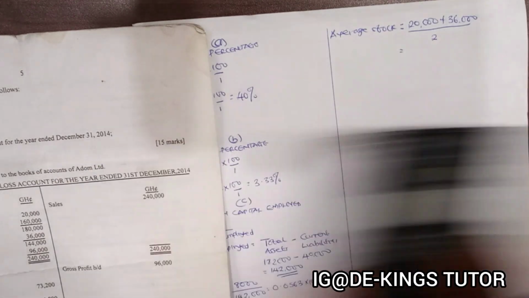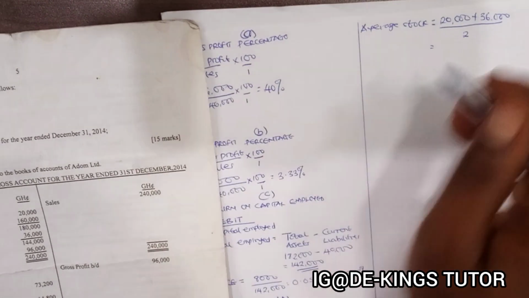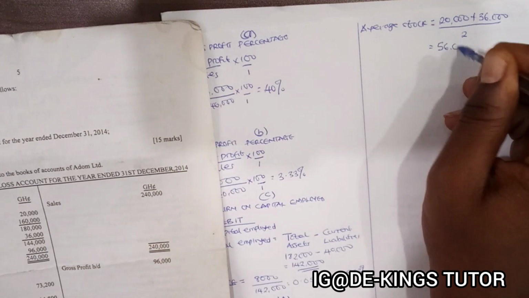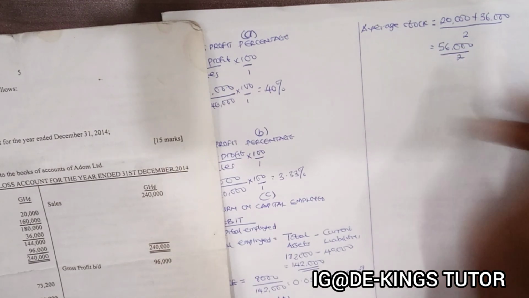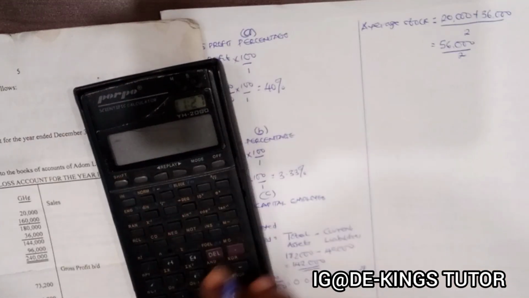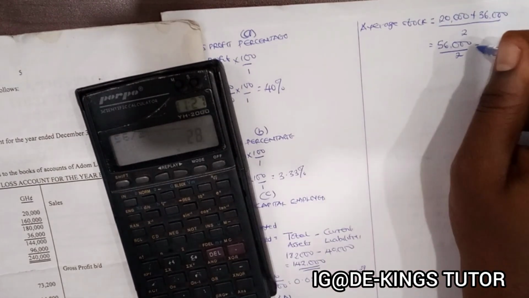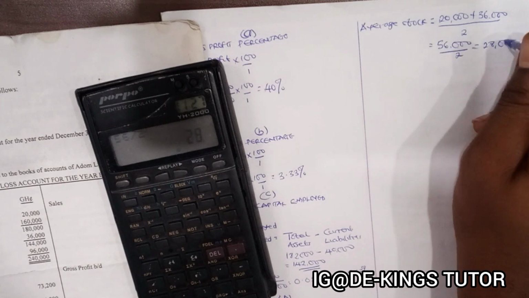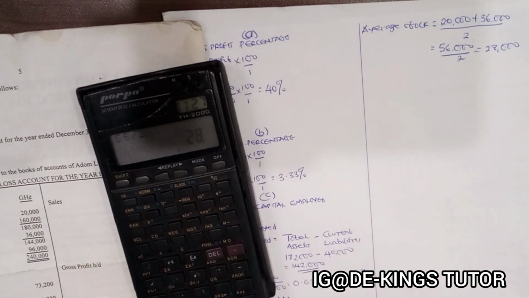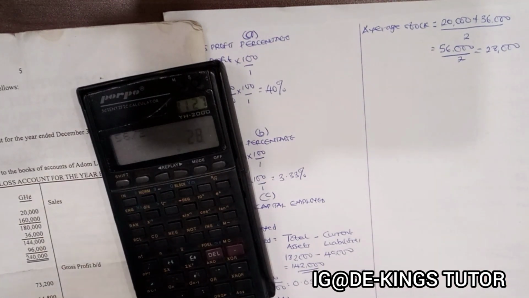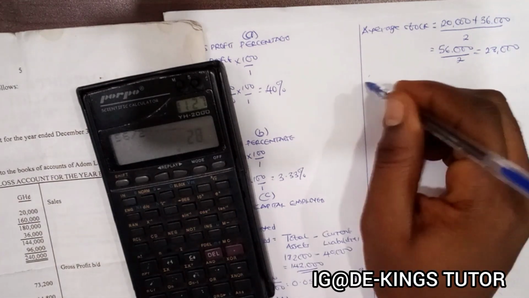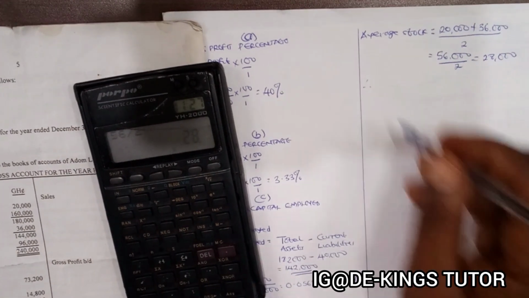So 20,000 plus 36,000 will give us 56,000 divided by 2. Okay, so 56,000 divided by 2 will give us 28,000.